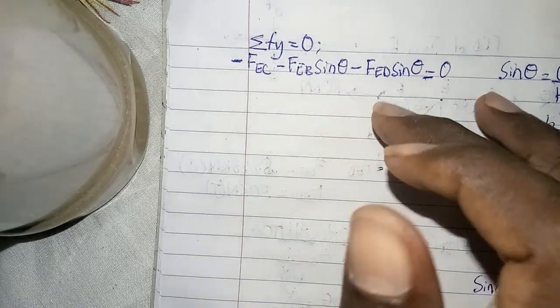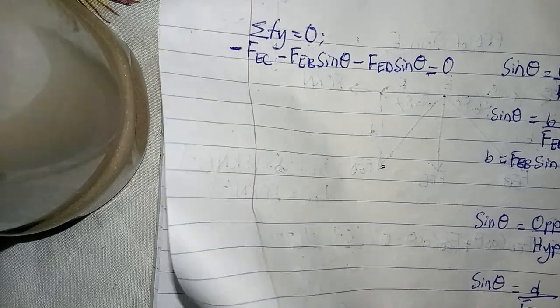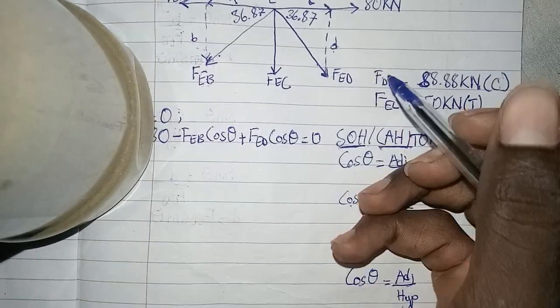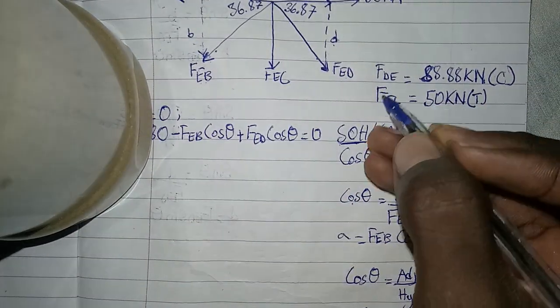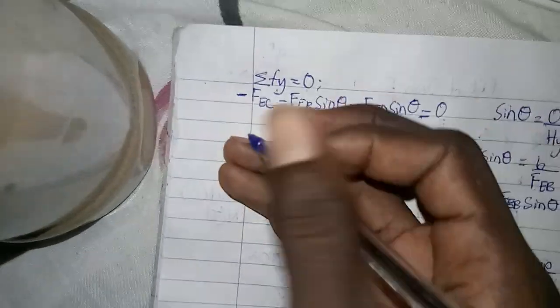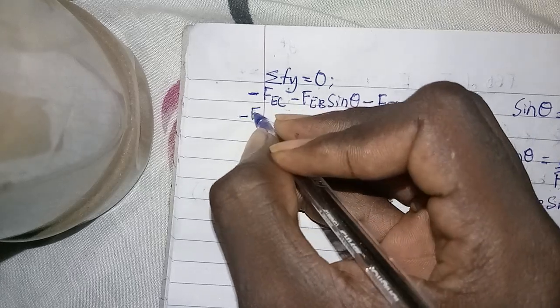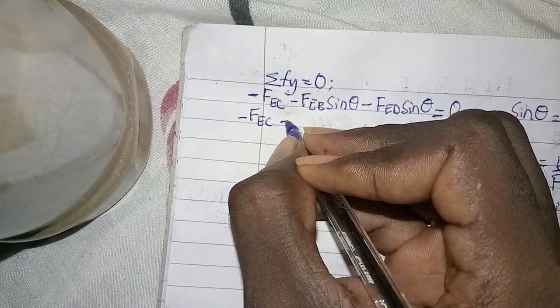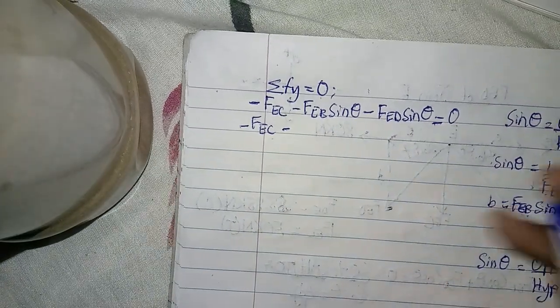So we are going to substitute them into the equation. We know force ED and force EC, so we substitute them. We get negative force EC minus force EB sine theta.